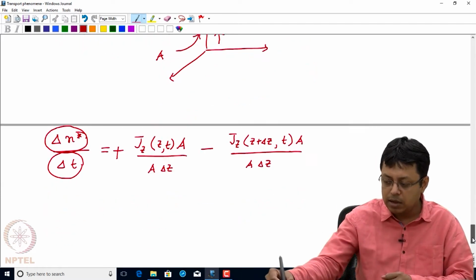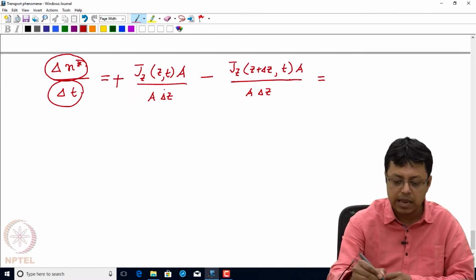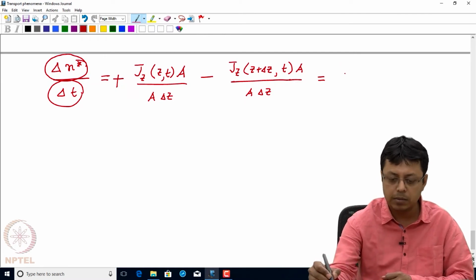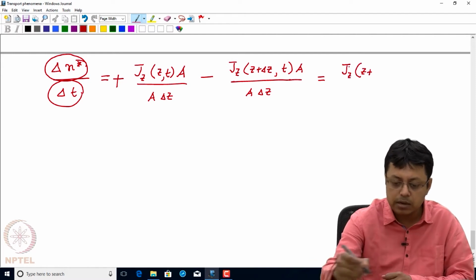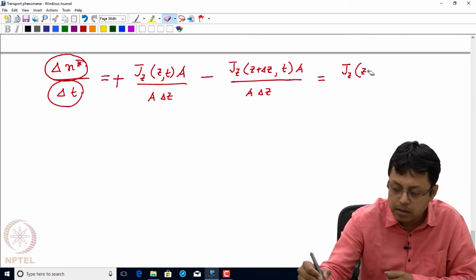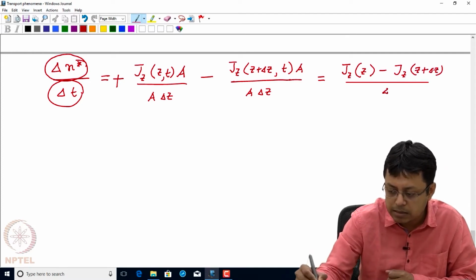So you can easily reorganize, and you can see that this A cancels in the numerator and denominator. What we are left with is the flux at z minus the flux at z plus delta z, divided by delta z.